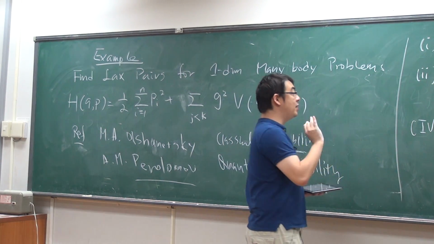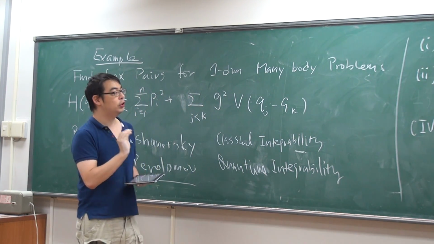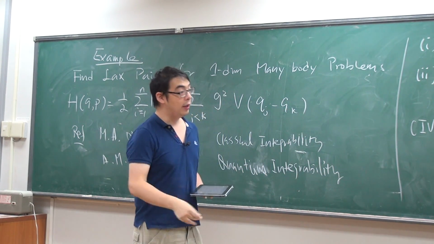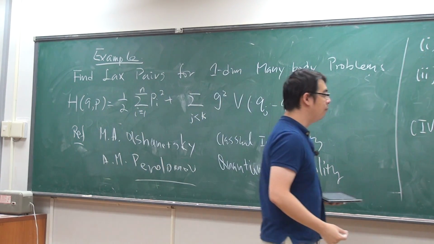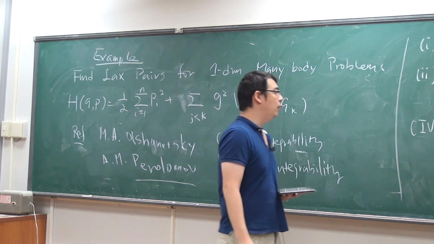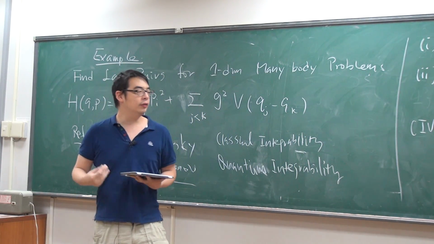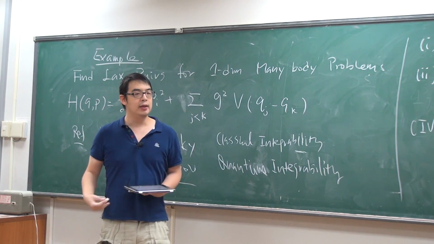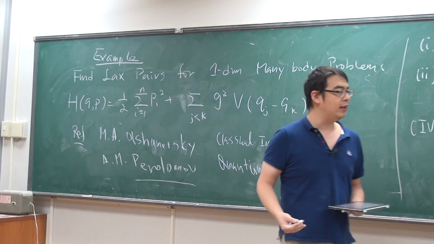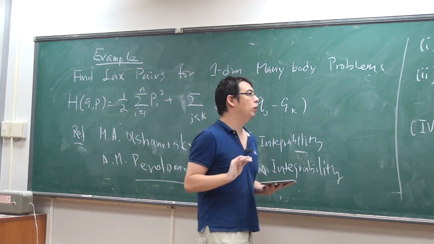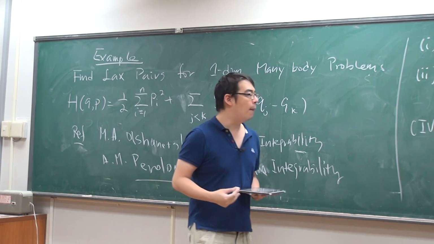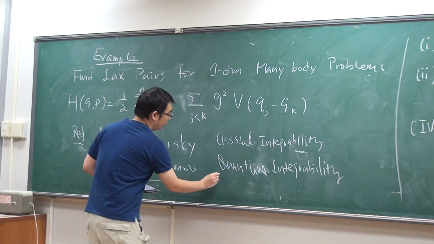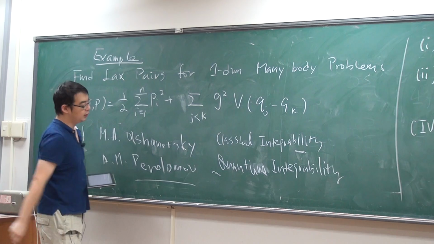Those systems not only exhibit classical integrability, which I'm going to show momentarily by showing you what the Lax pairs for those are, and therefore you can construct all the commuting conserved charges, etc. But also, when you turn those classical conserved quantities into quantum mechanical operators, you can show that not only their classical Poisson bracket commutes, but also their quantum commutation relation. That's covered in the beautiful review by those guys.